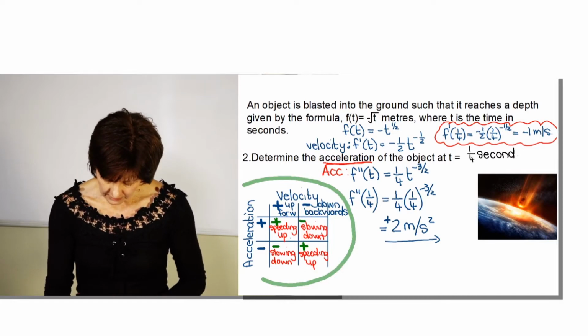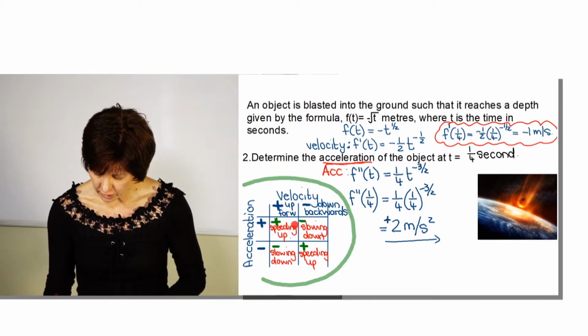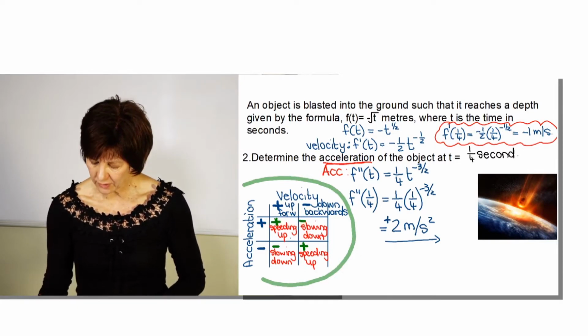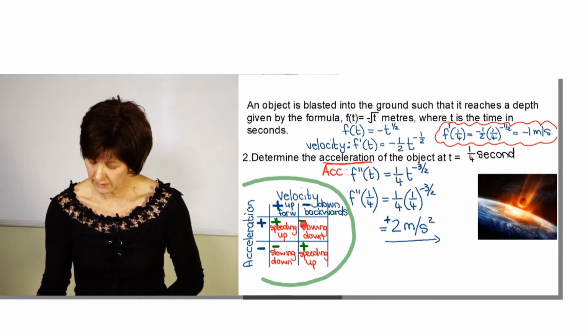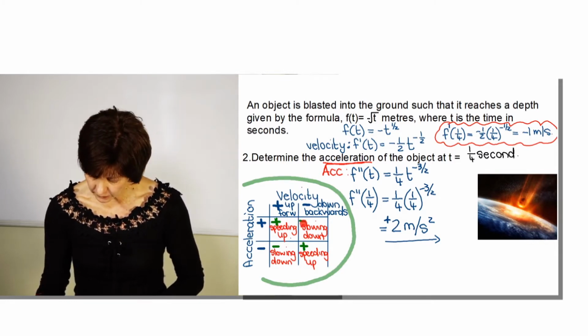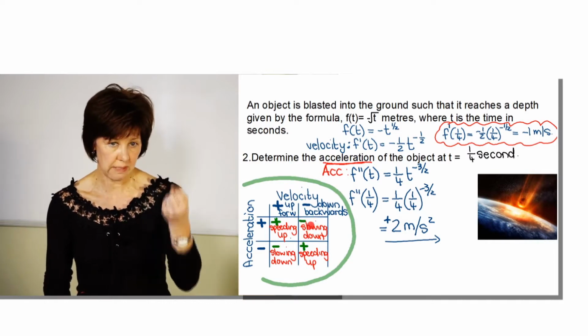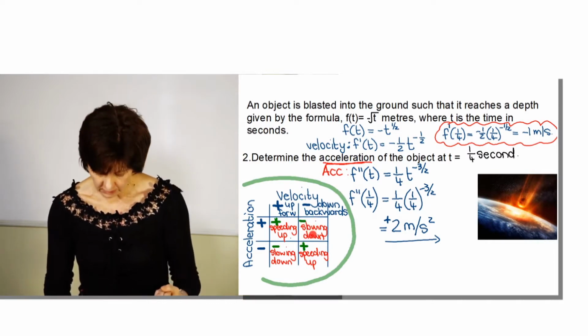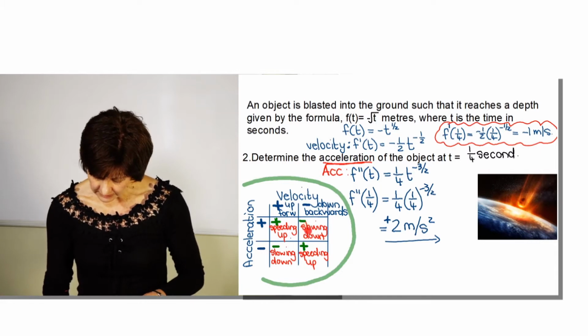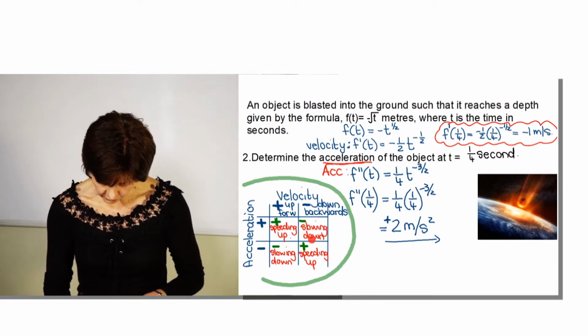So I quickly calculated the velocity after a quarter second, and my answer was negative 1 meters per second. So if the velocity is negative, this object is blasted down into the ground, and the acceleration came out positive. So velocity was negative and the acceleration was positive.